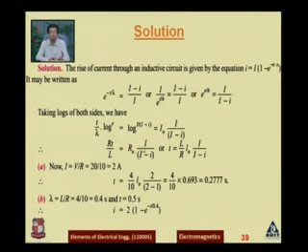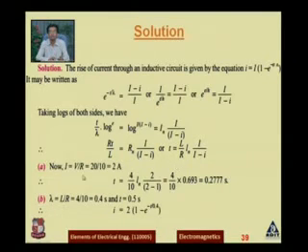Now you need to find out how much the current will be after 0.5 second. So the equation will be simplified again. It will be Rt by L is equal to log e of I divided by (I minus small i). So let us put the value of L by R in the equation.